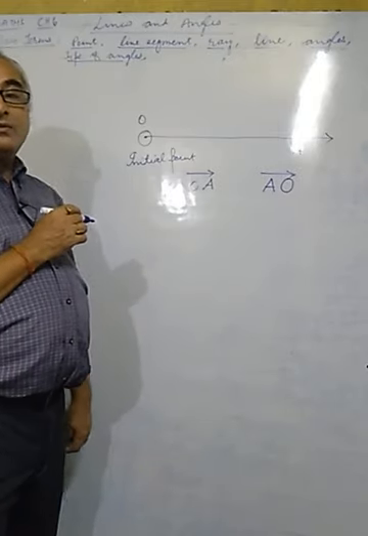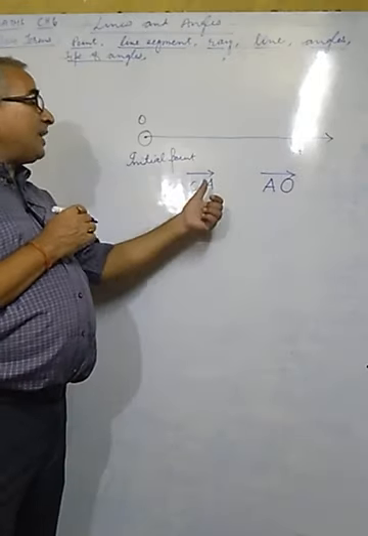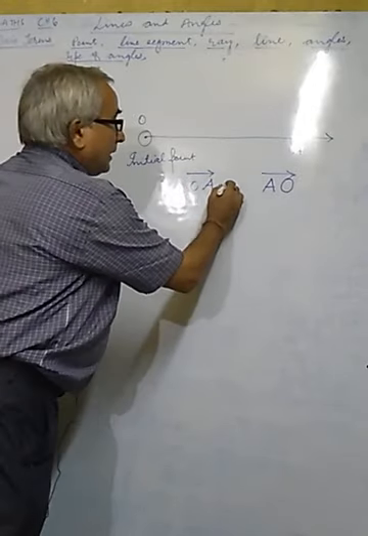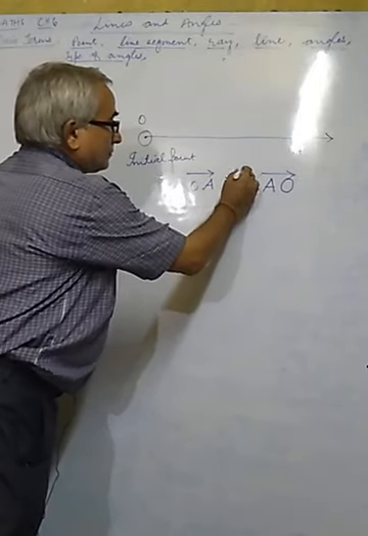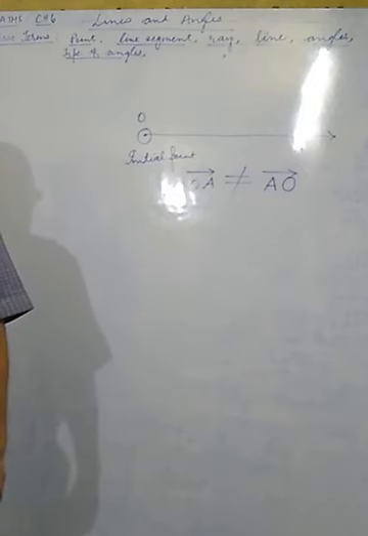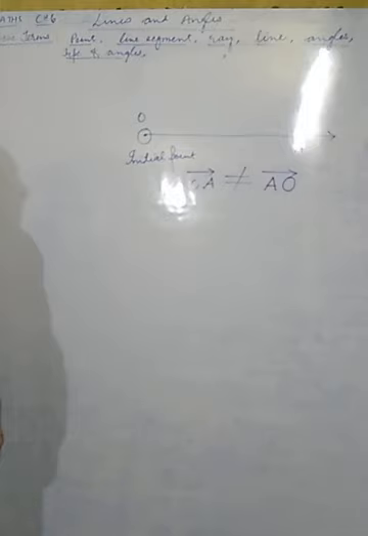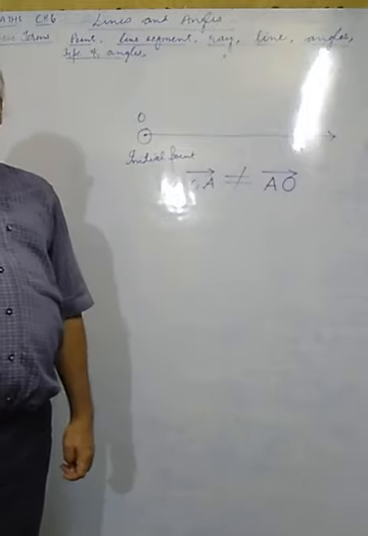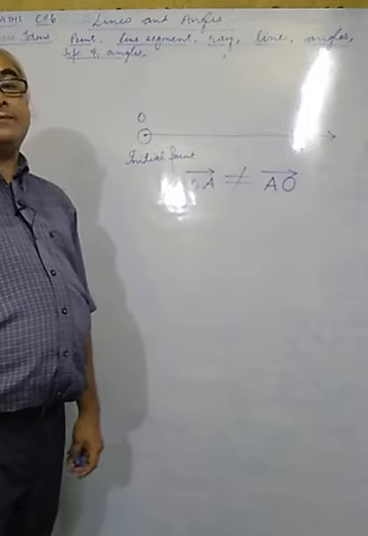In this case, ray OA is not equal to ray AO. Both are not the same thing because both have different initial points, different sources of light. Both are different because of their initial points.